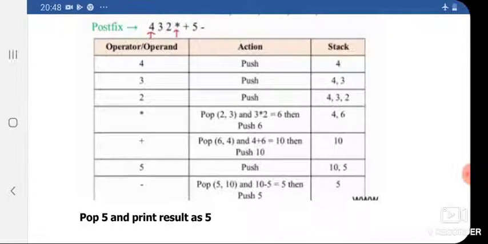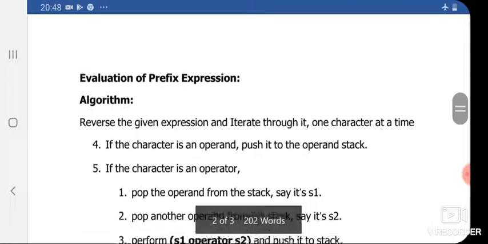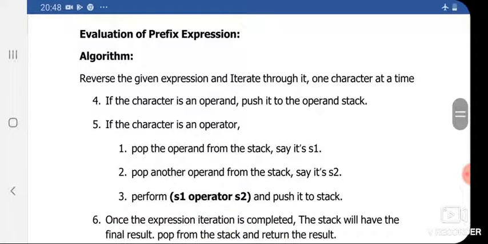Then we will see an algorithm for evaluation of a prefix expression. This algorithm is also similar to the algorithm which we have seen up till now. We first accept the prefix expression as an input, as a string, and then after accepting it we first reverse the given prefix expression.